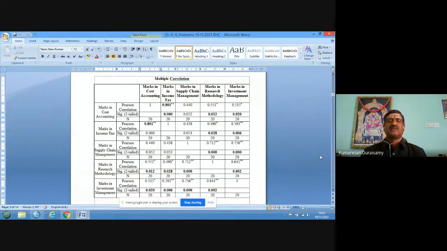In order to avoid confusion, let us delete these repeated values so that you can easily understand. So I delete.